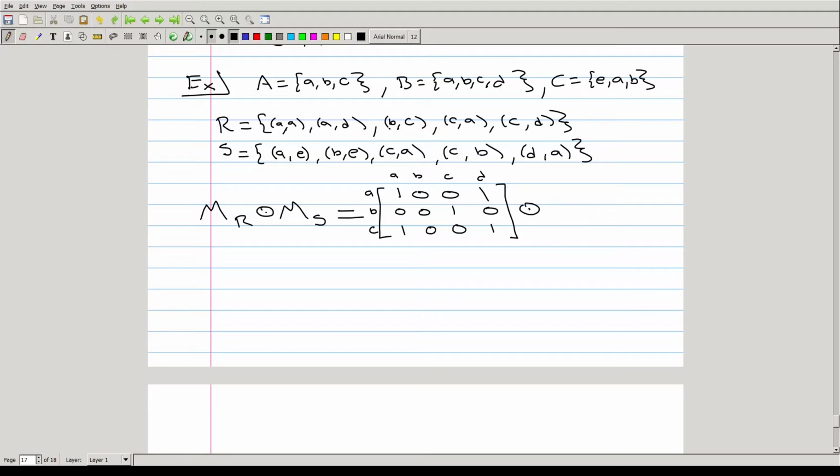Take the Boolean product of this matrix with the matrix MS, which is the matrix representing this relation.